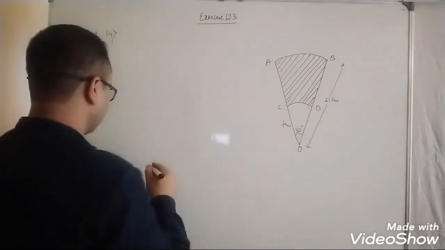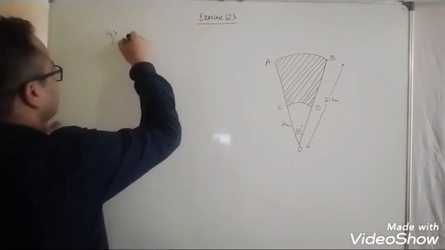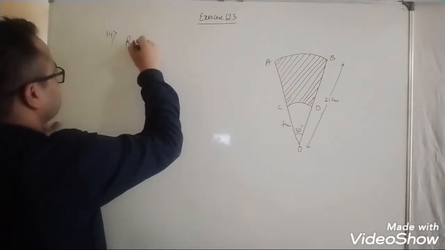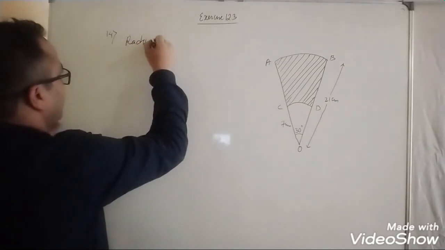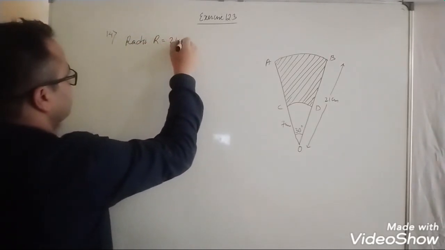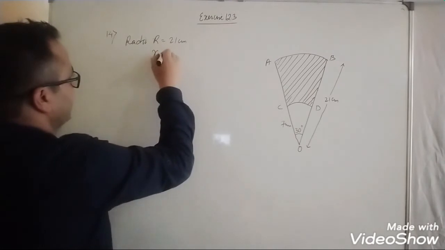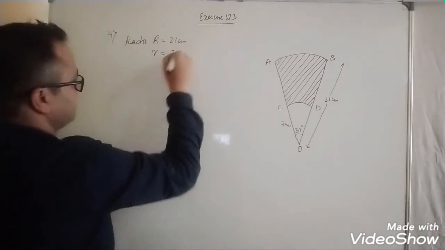First we write the given information. Radii: R equals 21 centimeter and small r equals 7 centimeter.